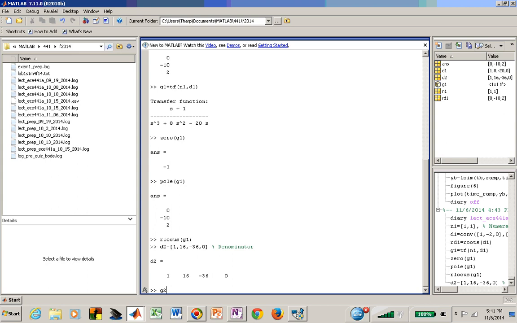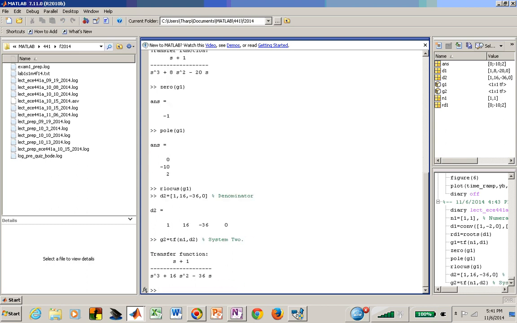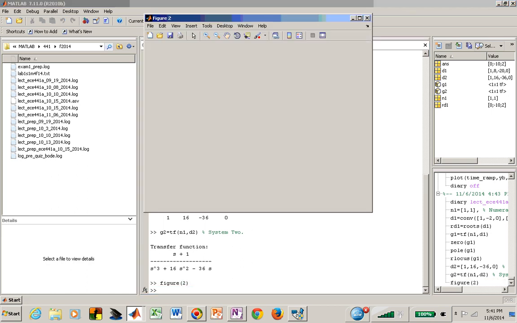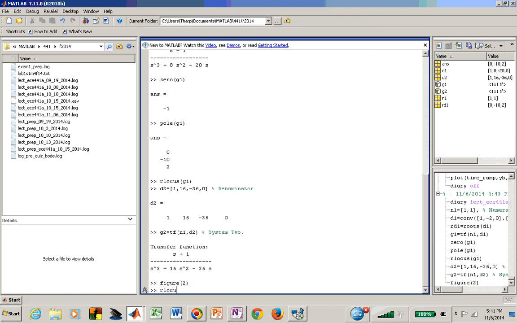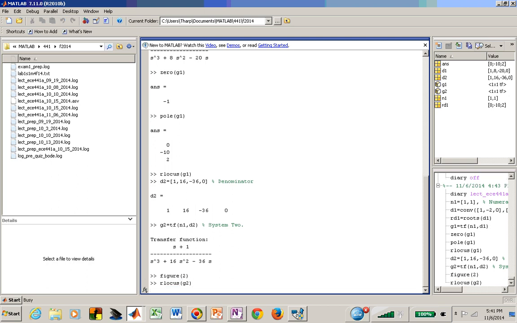I can now create the second system with the original numerator and the new denominator. Let me go ahead and open up a new window to plot that in and say root locus G2.